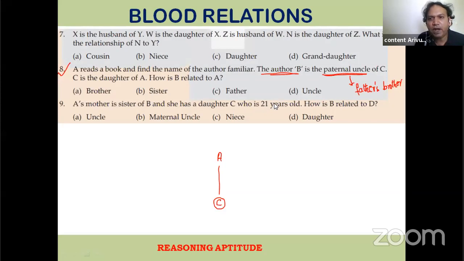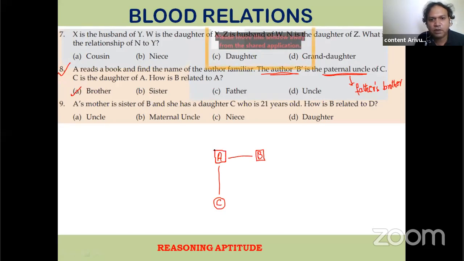B is the paternal uncle of C, father's brother. B is the paternal uncle of C. How is B related to A? Okay, so the answer would be B is the brother of A. And A also has to be the father of C.